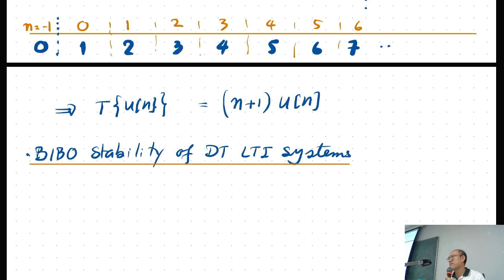We've seen BIBO stability before, right? But then it was about continuous time systems. But now we're talking about BIBO stability of discrete time, linear time invariant systems. The concept's just the same, but the details are different. Okay.